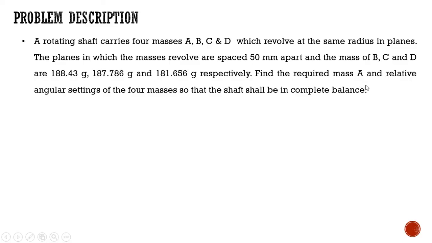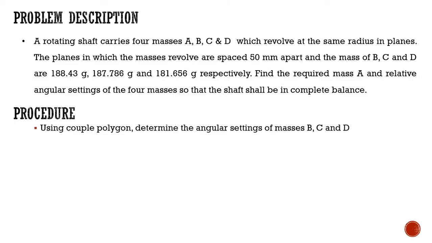Find the mass A and the relative angular settings of the four masses so that the shaft shall be in complete balance. So this is the problem description. The laboratory problem has been slightly modified and provided as a problem description, so that we can easily solve the problem.